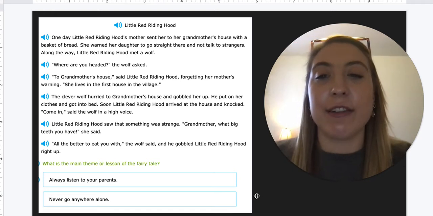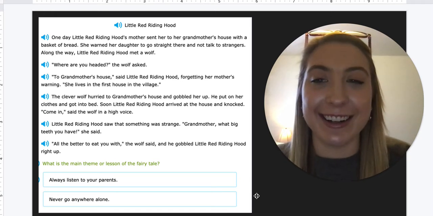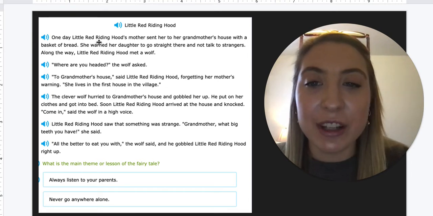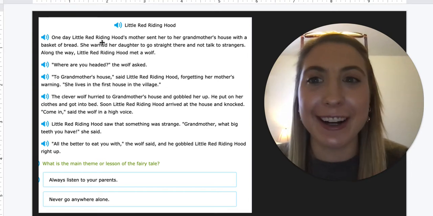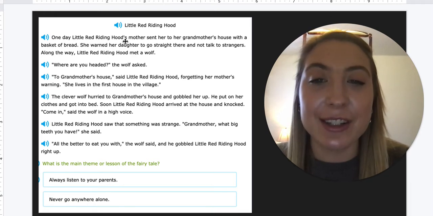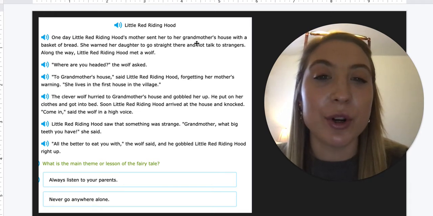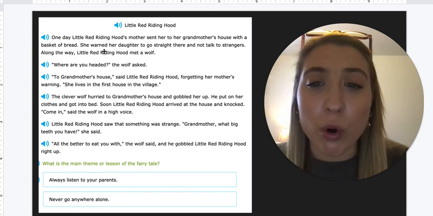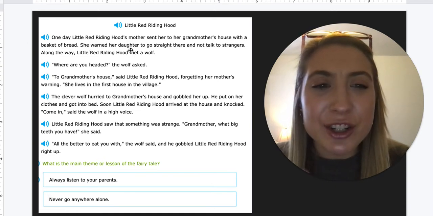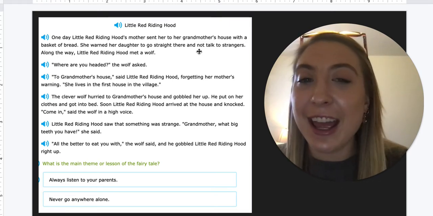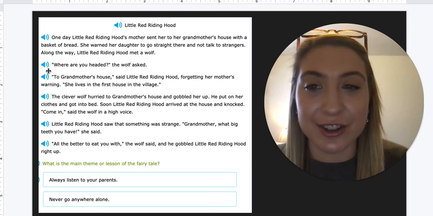Little Red Riding Hood. One day, Little Red Riding Hood's mother sent her to her grandmother's house with a basket of bread. She warned her daughter to go straight there and not talk to strangers.